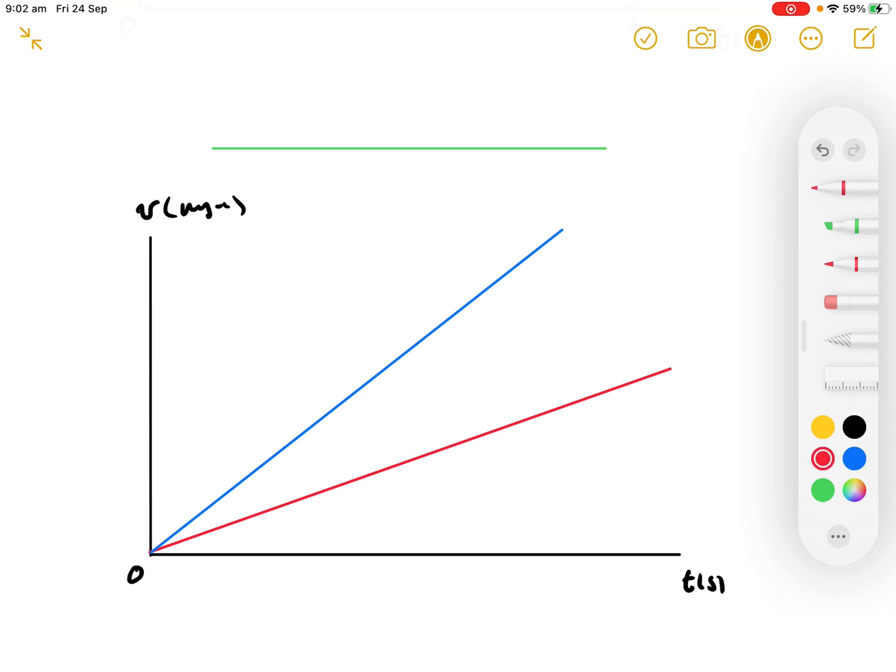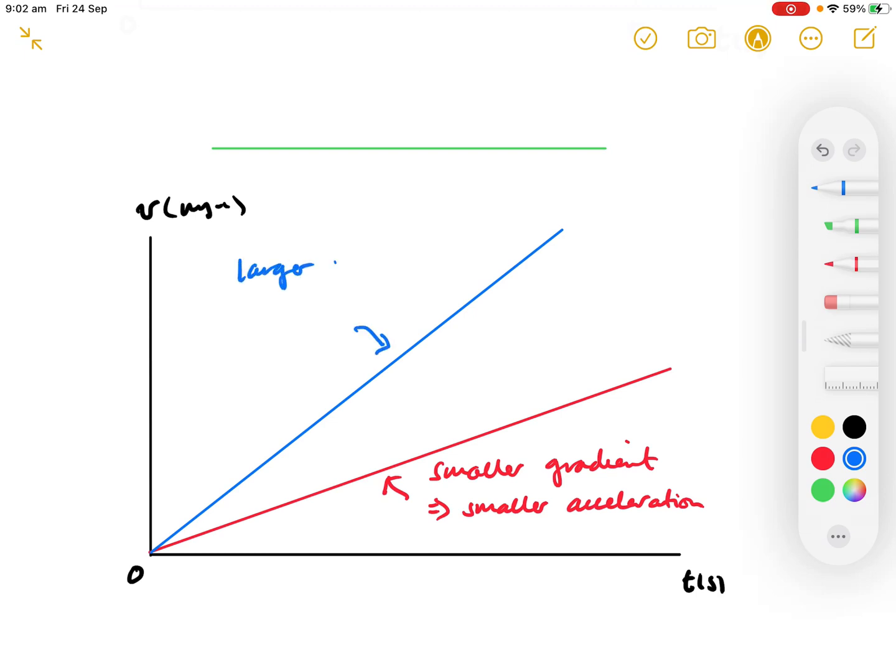The red line is less steep, so it's got a smaller gradient, which means smaller acceleration. Whereas this one has a larger gradient, which means a larger acceleration.